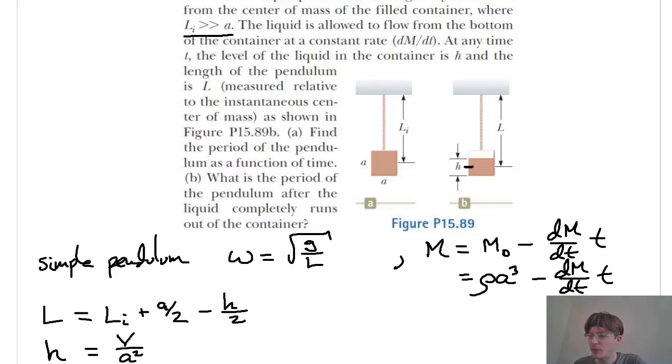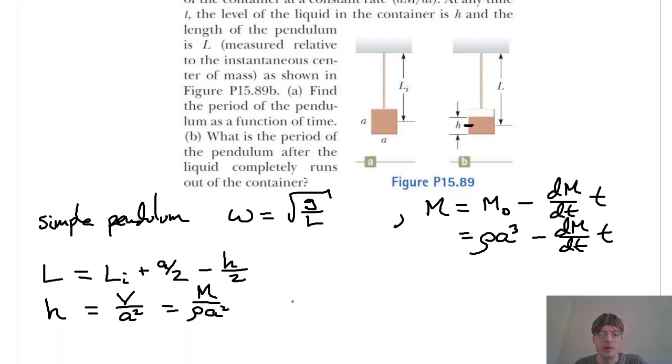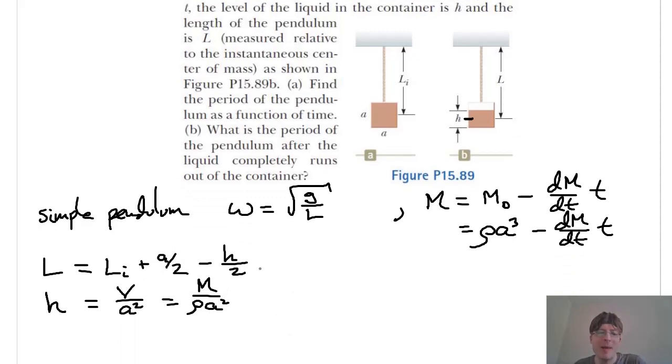And I'll write that in terms of the density and the mass. The volume of the liquid is the mass of the liquid divided by its density. Okay, so now I know how the mass changes with time, and now I'm set. Now I'll know how the height changes with time.